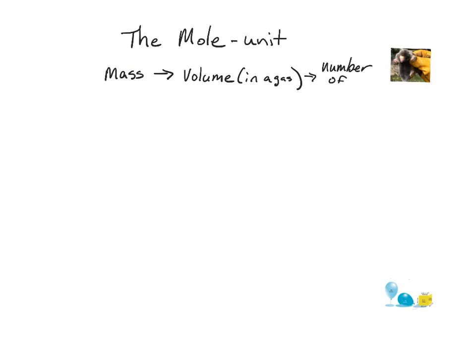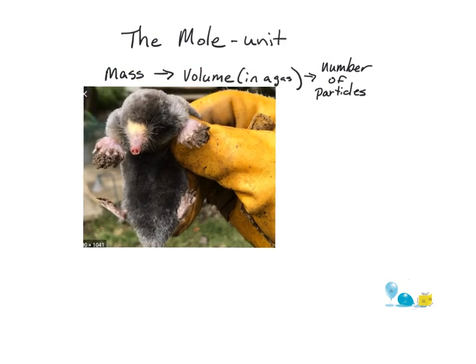Now these particles could be different numbers of atoms, it could be different molecules. We're just going to say number of particles. So we're including everything. So a mole is not a fuzzy little animal.